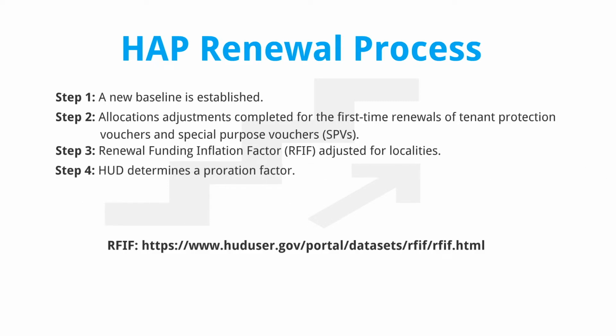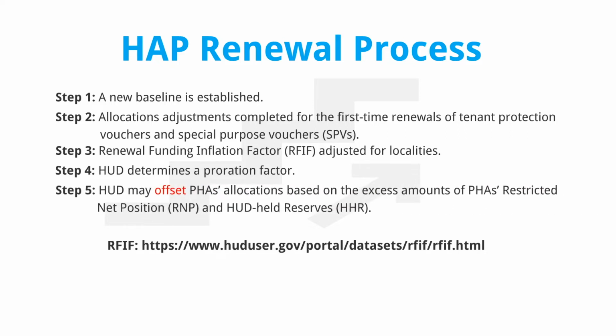HUD determines the total HAP renewal funding eligibility for all PHAs and compares that amount to the total HAP renewal funds available per the most current Consolidated Appropriations Act to determine the proration factor. This proration factor is then applied to each PHA's calendar year eligibility.